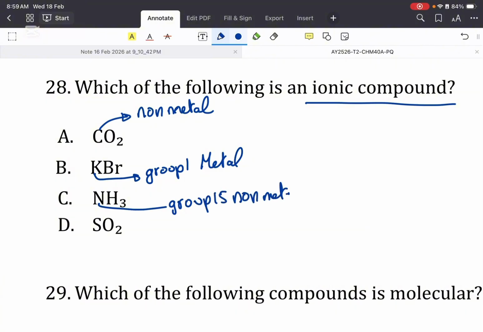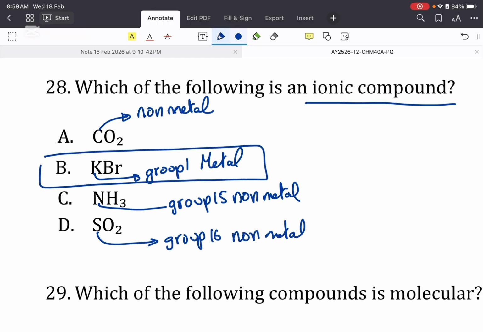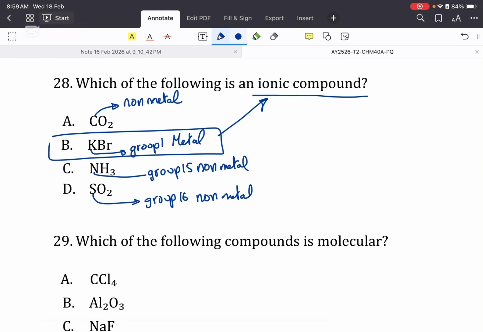That is a non-metal. And sulfur is in group 16, also non-metal. So that is the only one having a metal and a non-metal, and it is an ionic compound. Remember, you need to check the periodic table. You don't have to check both, only check the first element.